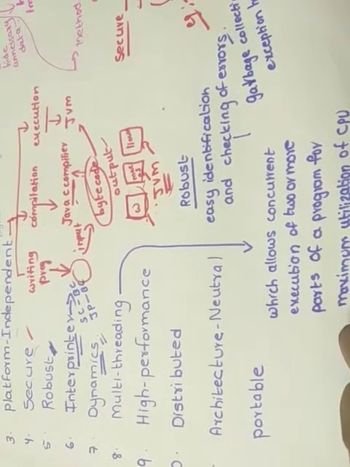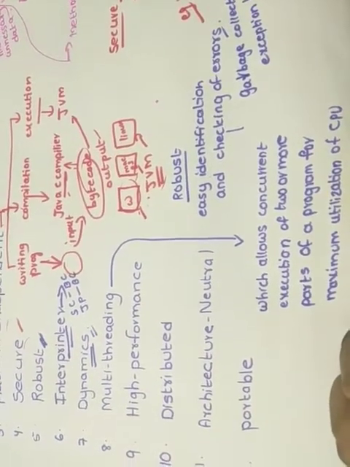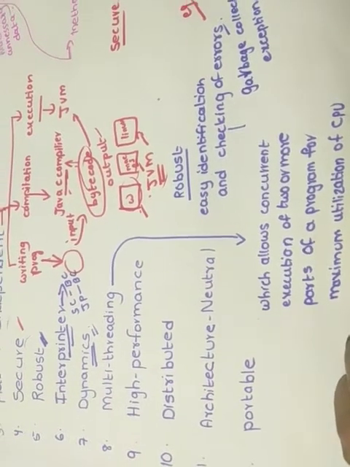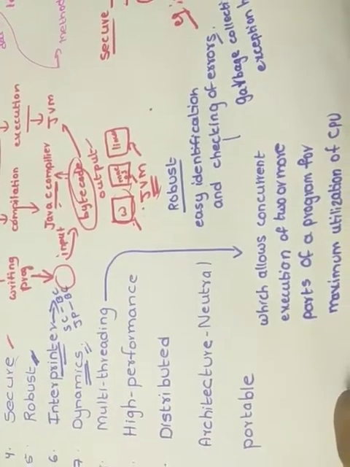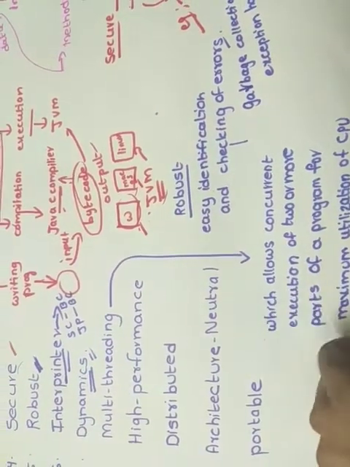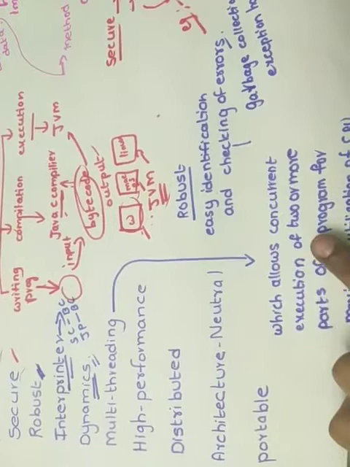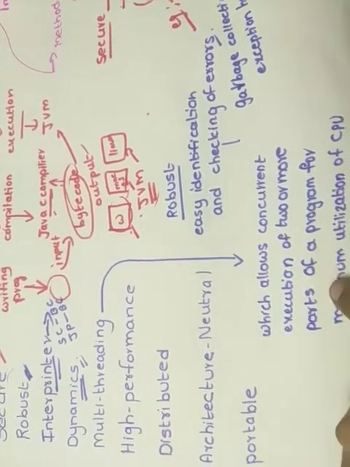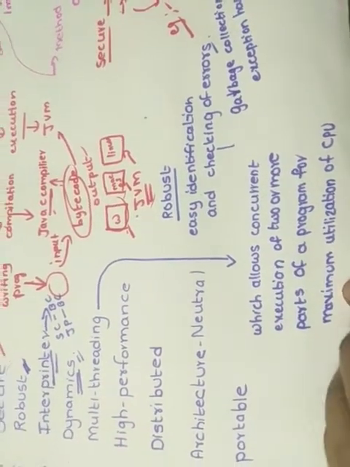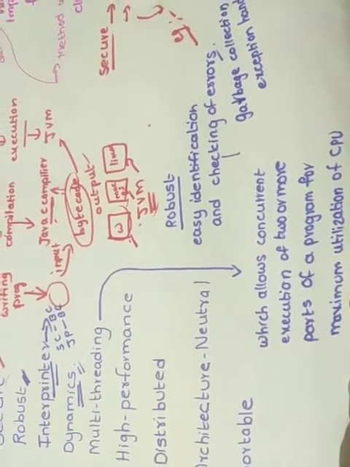Now let us discuss multi-threading. Java supports multi-threading. Multi-threading is a Java feature which allows concurrent execution of two or more parts of a program for maximum utilization of CPU.